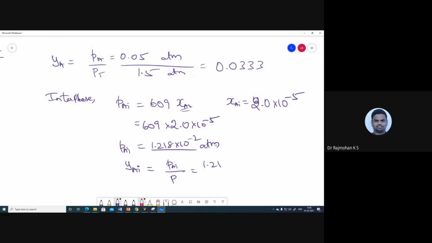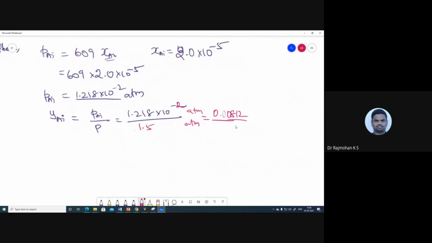Yai equals 1.218 into 10 power minus 2 divided by the total, which is 1.5 atmosphere, both in atmosphere. So we get mole fraction Yai equal to 0.008. You can write up to four digits. Always set your calculator so that you have 4 digits rounding off.